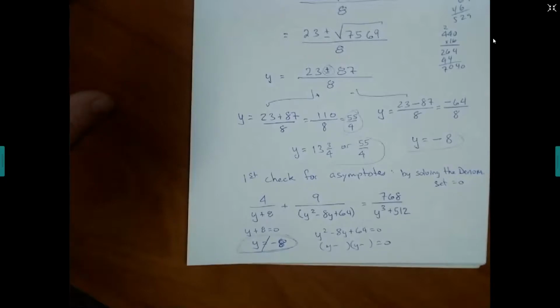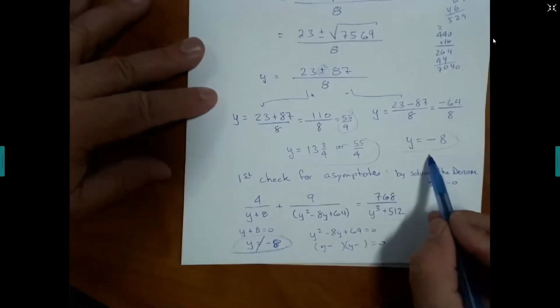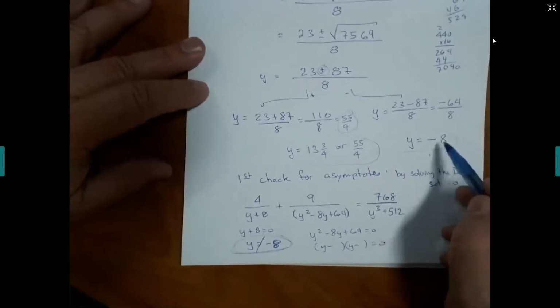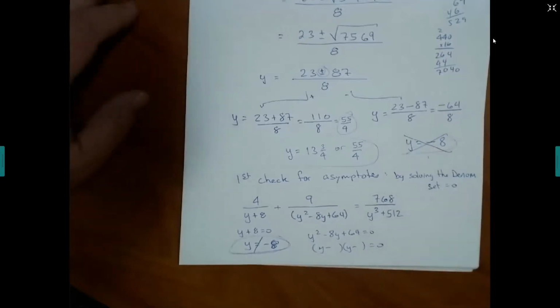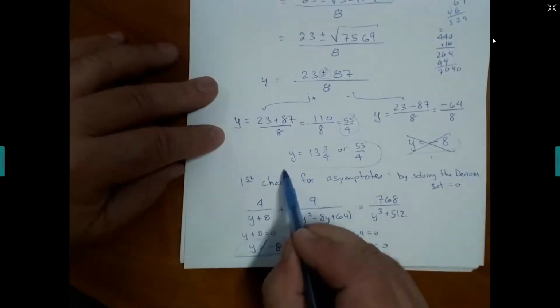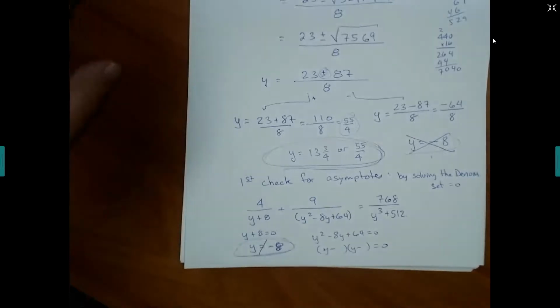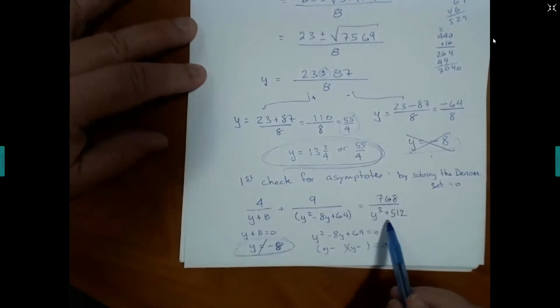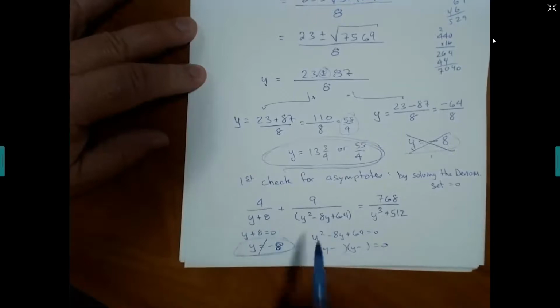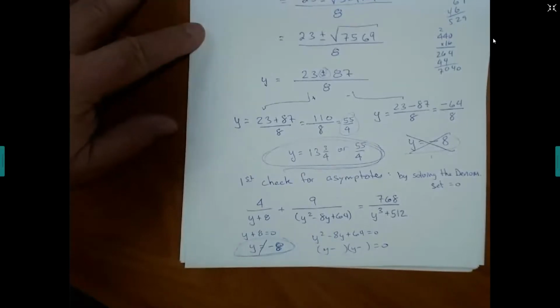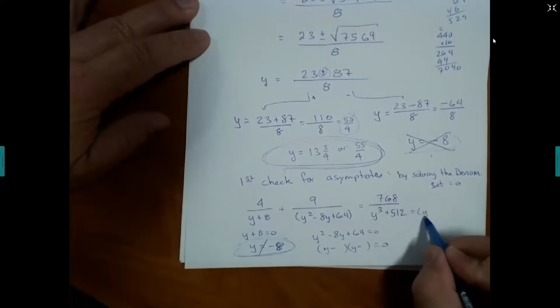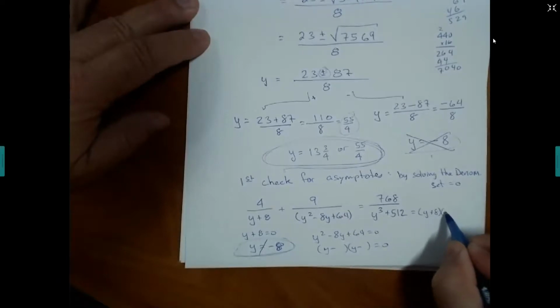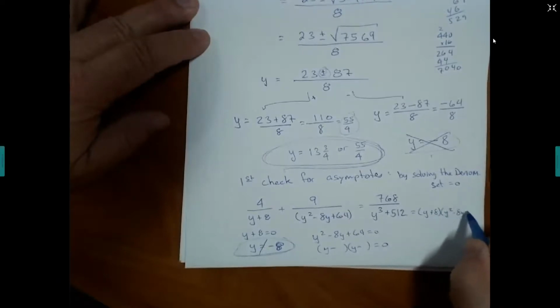The reason I say that, look at our answer here. We can't use this answer. So that's our only answer we have. Well, because remember this one, when we factored it out, was both of these. Yeah, this one here was y plus 8, y squared minus 8y plus 64.